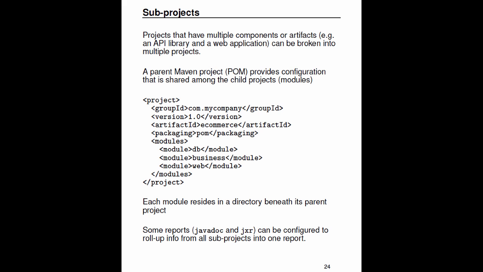You won't be using this in this course, but I use it in my example code because I have a number of different Maven projects with different artifacts that I keep organized using a parent POM and submodules. And note that there are some reports like JavaDoc and JXR that can be configured to roll up all the information from subprojects into one big report, which can be convenient, although I've found that Maven kind of struggles with this sometimes, so caveat emptor.